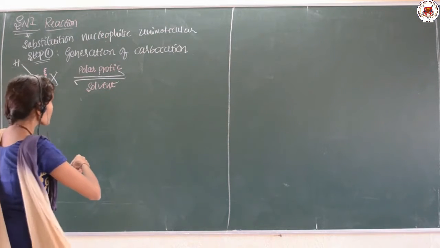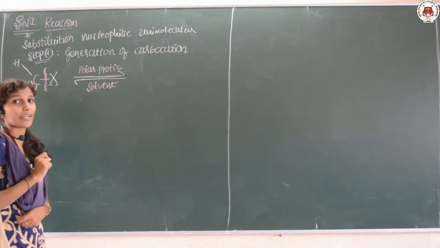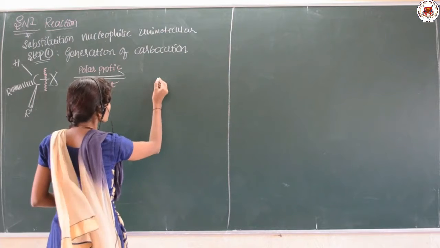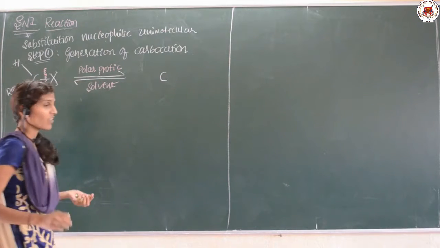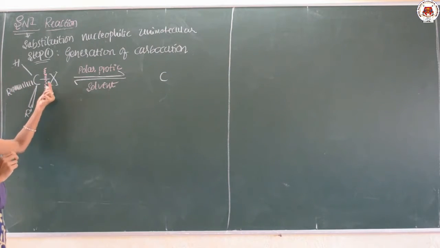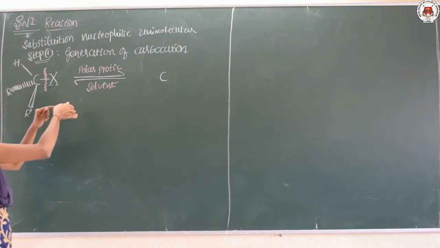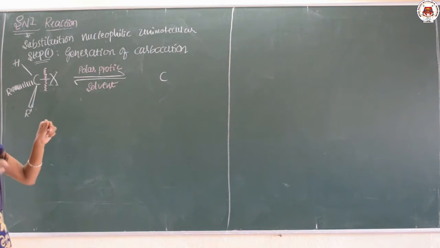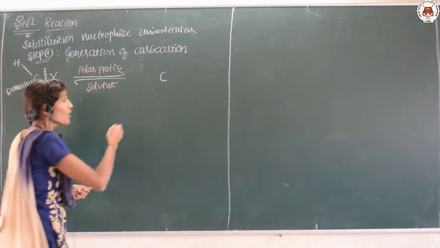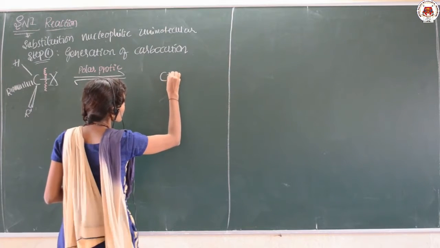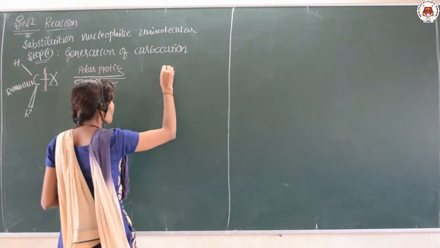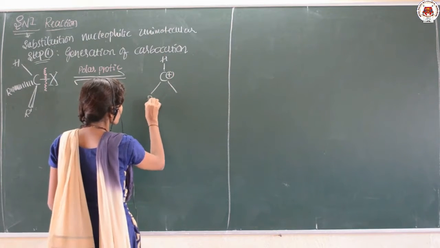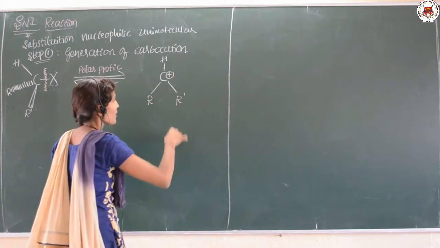There is a generation of the carbocation. That carbocation is arranged in such a way that, see here, as X is removed, all the three groups which are attached to carbon lie in the same plane, so there is a generation of the carbocation C plus, and then the groups arrange like this, R and R dash.